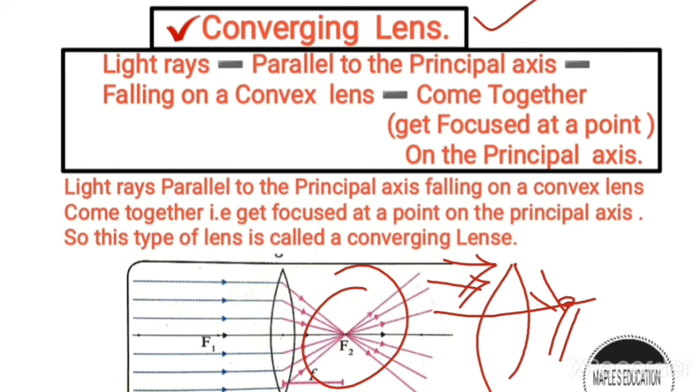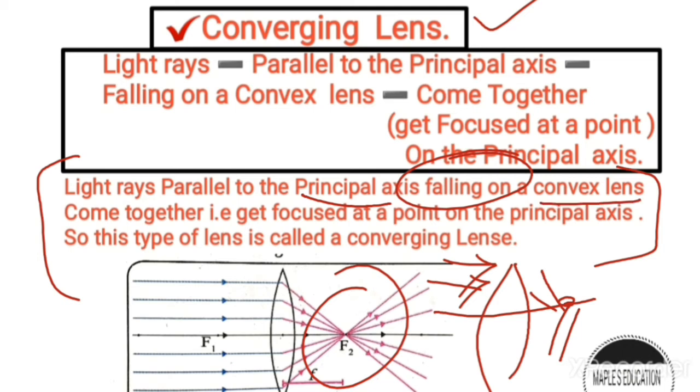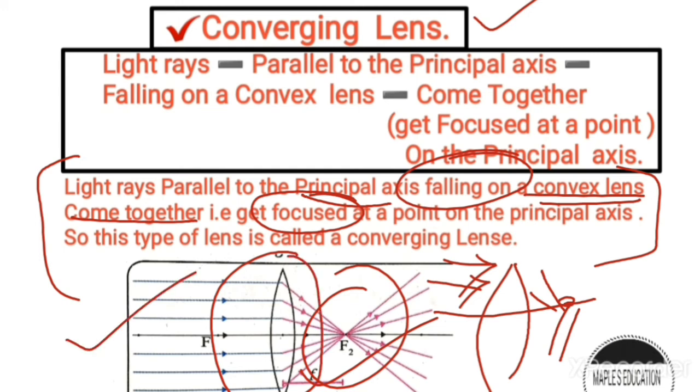Let us read the definition of what exactly a converging lens is. Light rays parallel to the principal axis falling on a convex lens come together, that is, they get focused at this one point on the principal axis. This type of lens is called a converging lens.